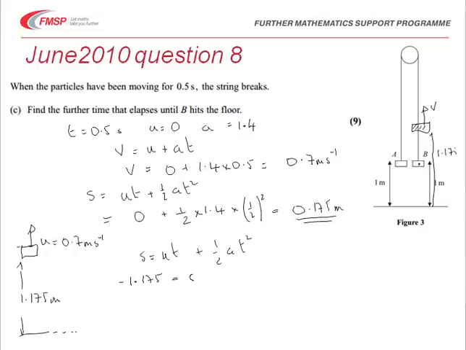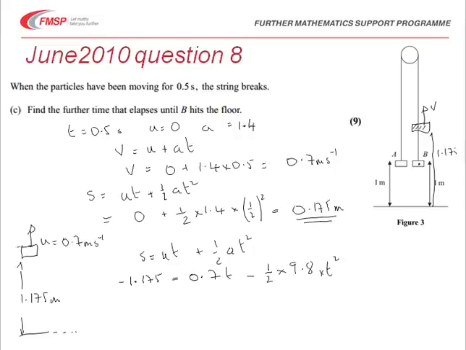The initial upward speed is 0.7, and then the acceleration is downwards, so negative 1/2 multiplied by acceleration due to gravity, which is 9.8, multiplied by t squared.